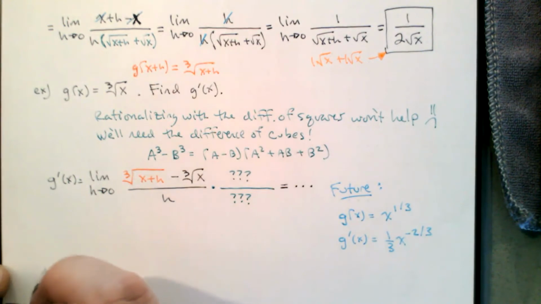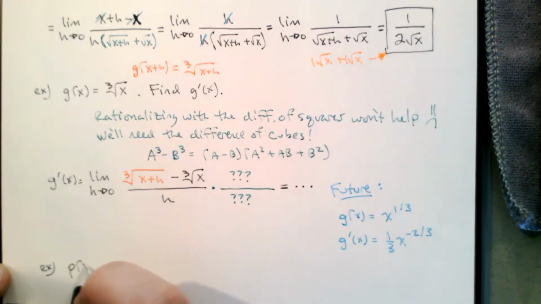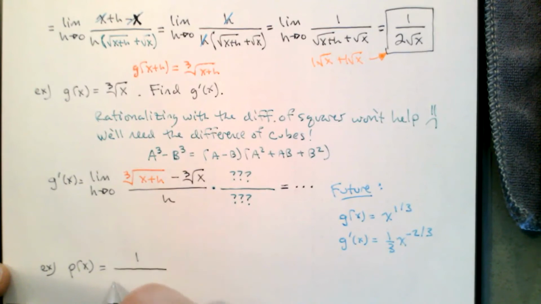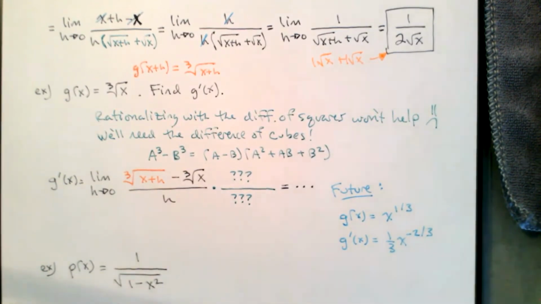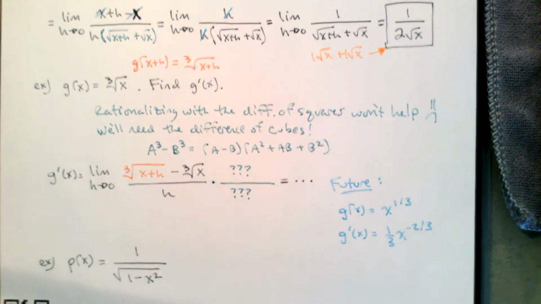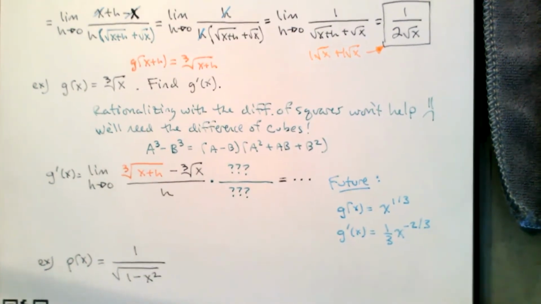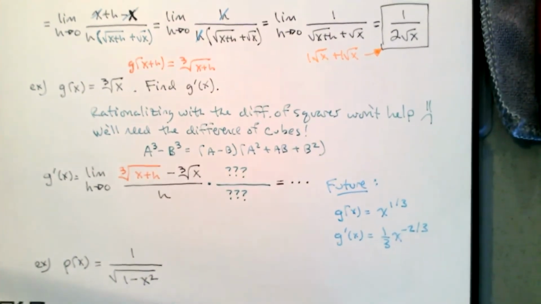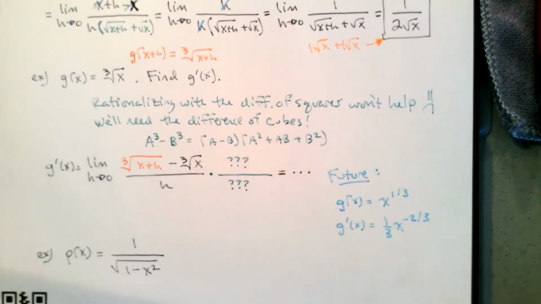So for example, if we had a function, say p of x is 1 over the square root of 1 minus x squared, this has denominators and radicals in it. So we might have to do a combination of techniques.